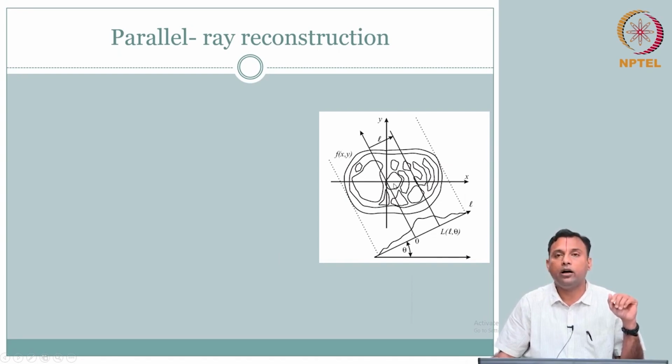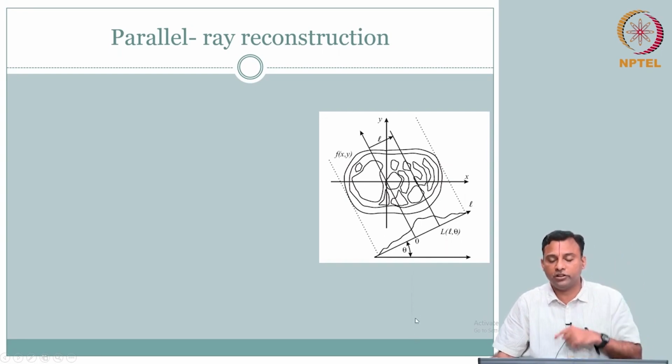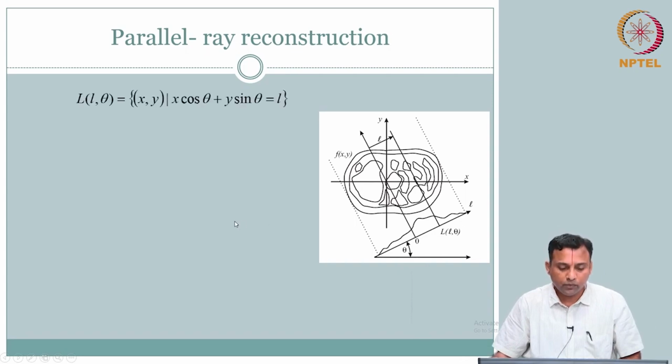So l can be defined in terms of where it is located, the small l, and theta, which is dependent on where this line of projection you are going to take. So we are going to write all this out. L of l comma theta is nothing but, in the xy plane, where this constraint x cos theta plus y sin theta equal to l, that is your L of l comma theta.